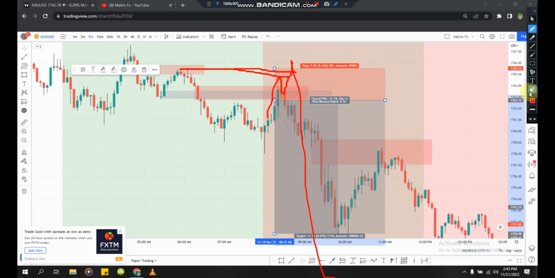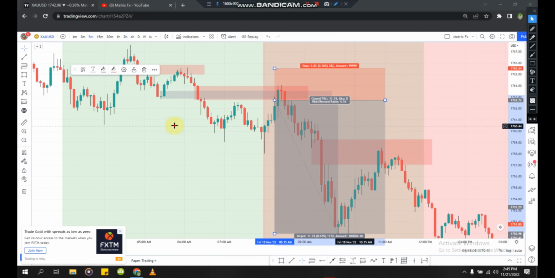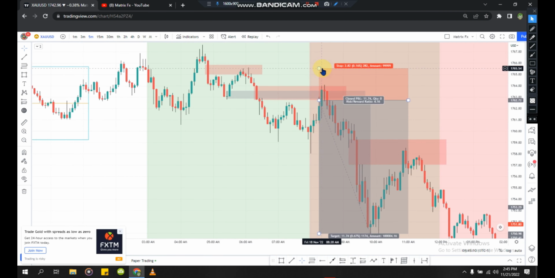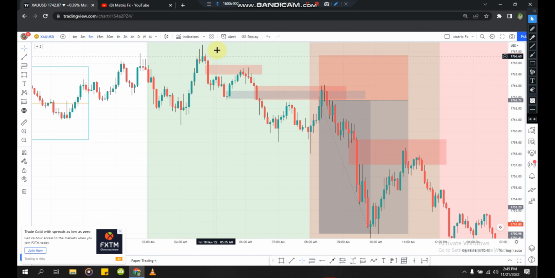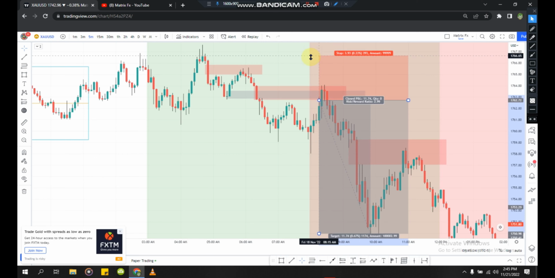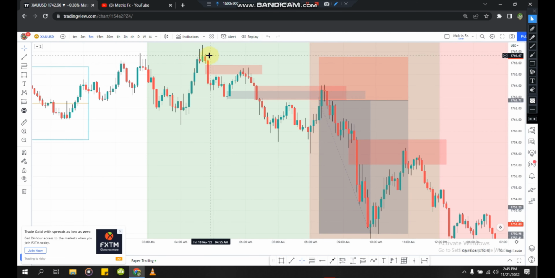You now start saying it's village people did this, not knowing that it's not village people. It's actually you that caused it for yourself, because you were not being cautious of your trade and you were not following the trading plan. So that's why I kept my stop loss right there, just above the bodies of the candle. Sometimes I use the wick, sometimes I don't, depending on how wide I want it to be. So I used the bodies of the candle.